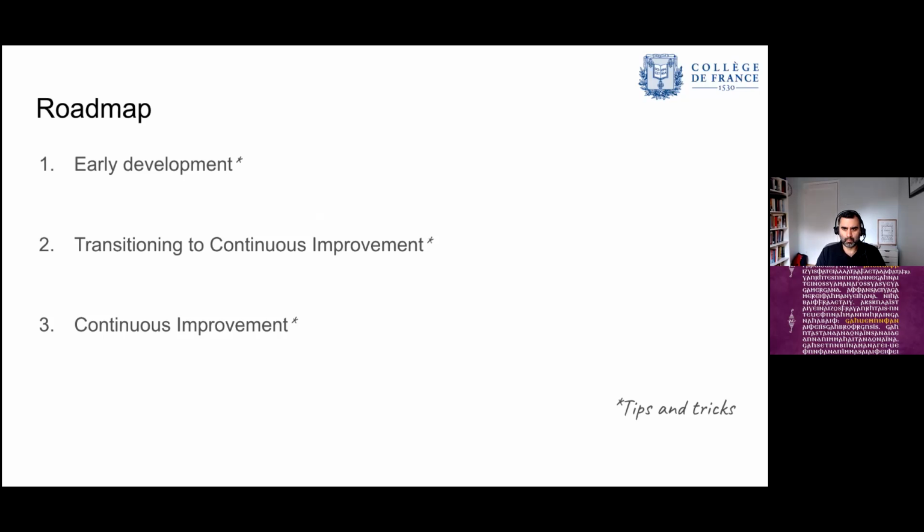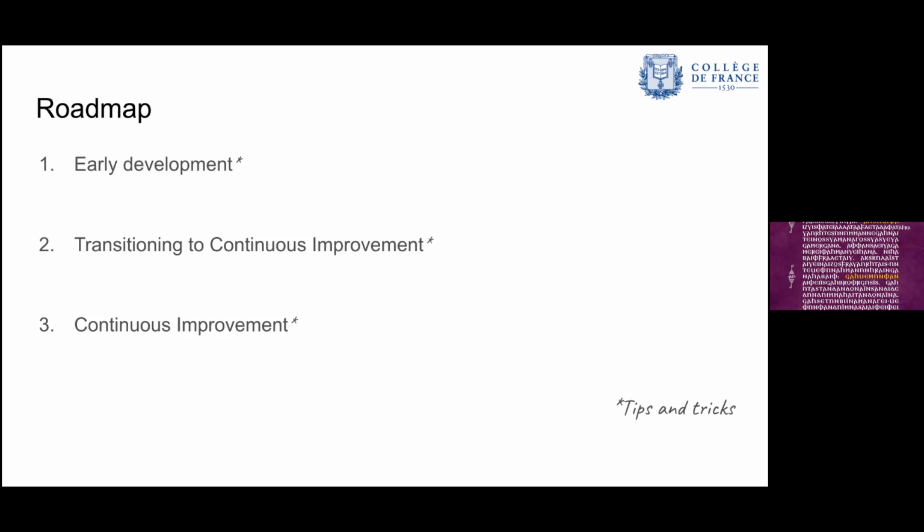So first, there is the early development, when you just come with a new idea and want to make sure that this will be sustainable, that the project will be able to support continuous improvement by the community later on. Then there is the transition to continuous improvement, when you start communicating and trying to engage the community.